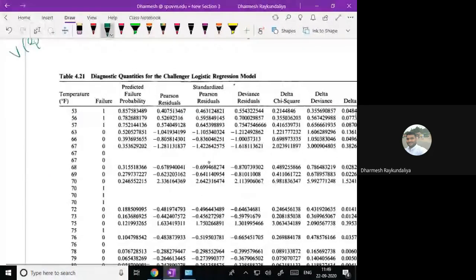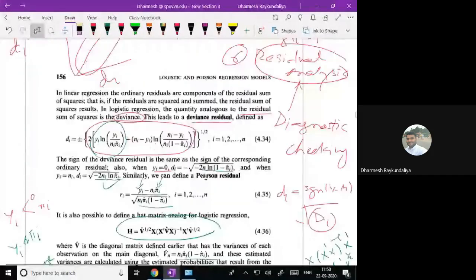For a given data you can easily calculate these values. The temperature is given, the failure is given, and the predicted probability: you calculate the eta, and based on the eta you calculate the pi cap. The Pearson residuals you can calculate in this way: you know the pi, you know the y, you know the ni.